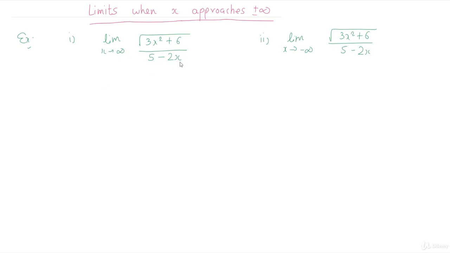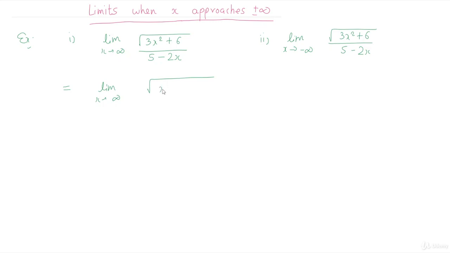So we have to take out x as a common factor from both the numerator as well as the denominator. But in the numerator, it is under a square root. So under a square root, taking out a factor of x square will be equivalent to taking out a factor of x. So we will do the rearrangement now. So let's take out a factor of x square from the numerator in order to take out a factor of x effectively from the numerator, right?